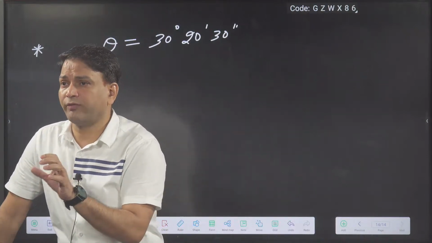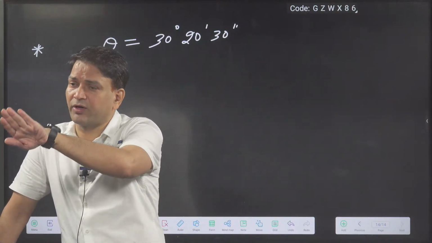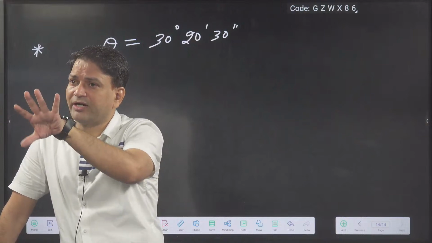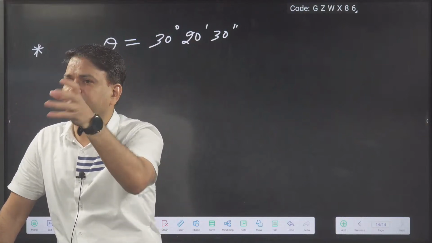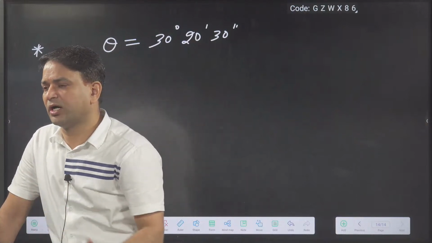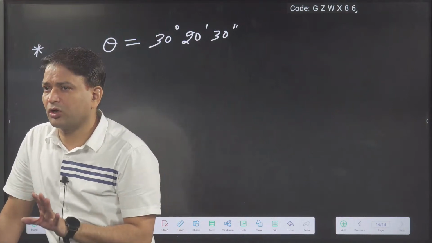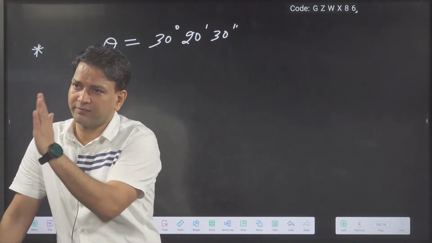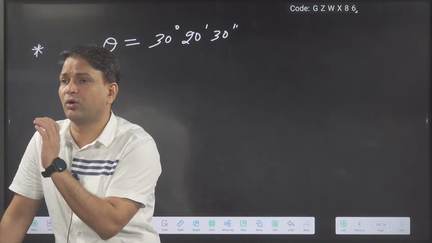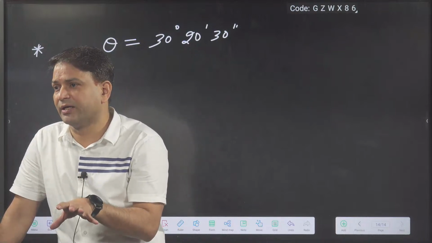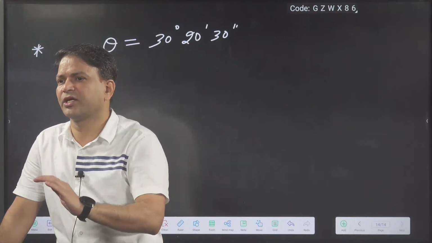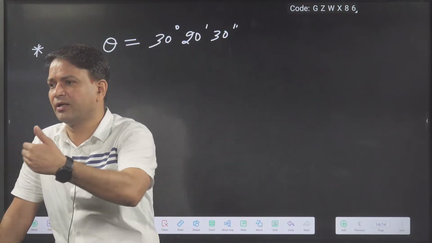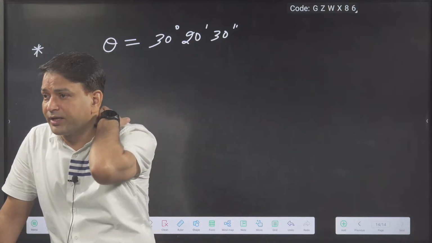So first second we will convert into the minute, then minute we will convert into the degree. After getting the degree, then we can convert into the radian. Everybody got or not? Again I am repeating, if this type of angle they given, first whole angle we will convert into the degree. After getting in the degree, if it is required, then we can convert into the radian by multiplying pi by 180. Understood?